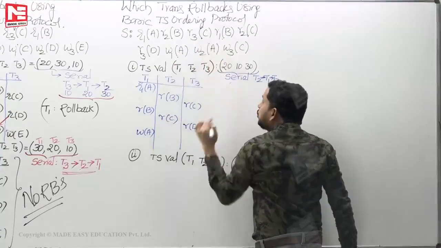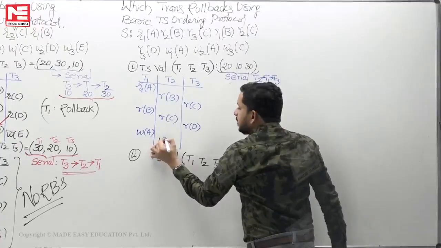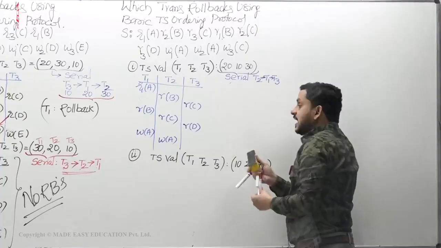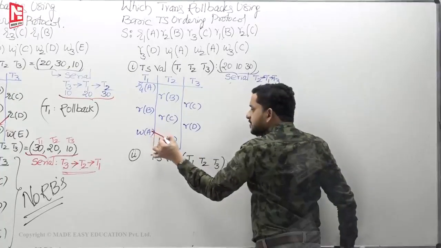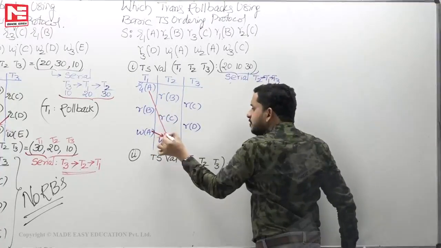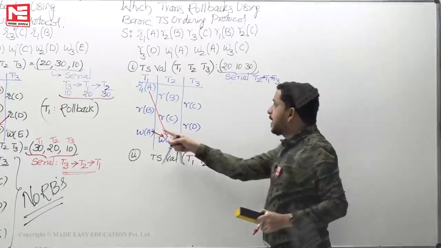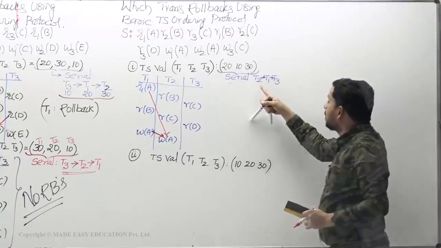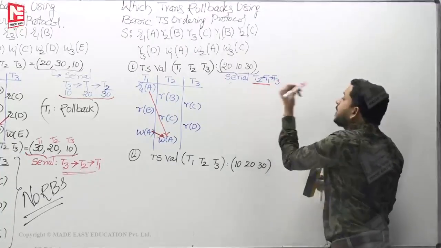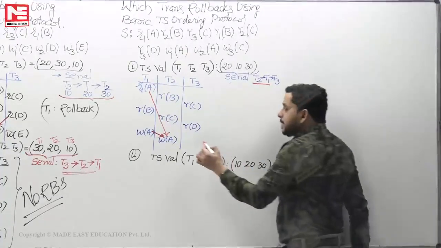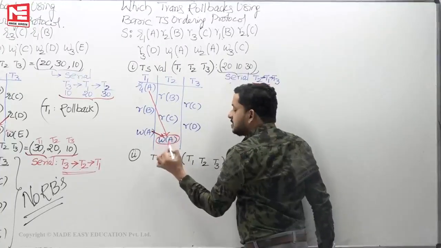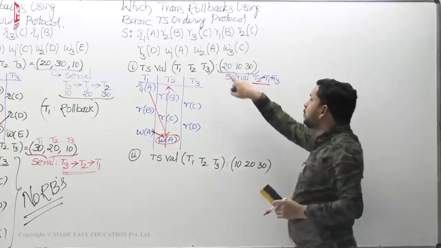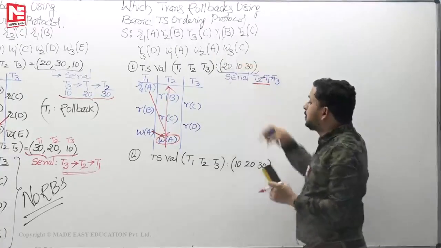Then T2 performs write A. Because of this write request, these conflict pairs arise: T1 precede T2. This is also T1 precede T2. The T1 precede T2 conflict pair is not allowed. Because of this write request, the transaction T2 gets rolled back. But still W3C is there, right?